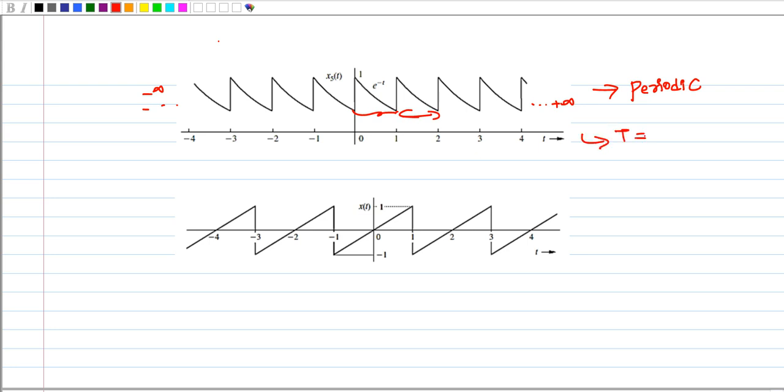The fundamental period is T equal to 1, because from 0 to 1 there is one pattern, and it is repeated again and again. For example, this is T, this is 2T, this is 3T, this is 4T. Therefore T equal to 1. Again, this signal is also a periodic signal with fundamental period T equal to 2.